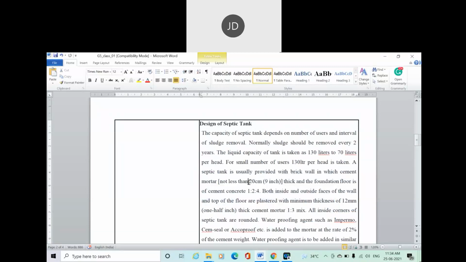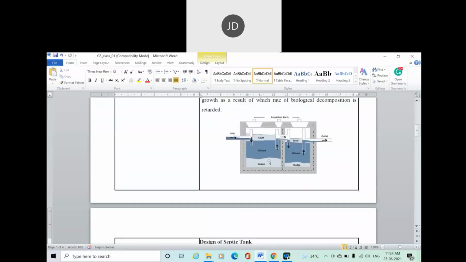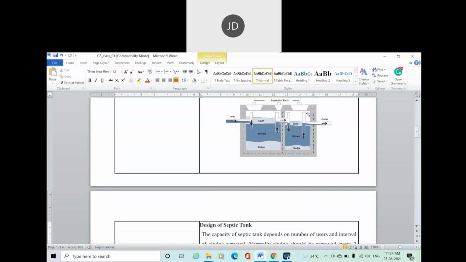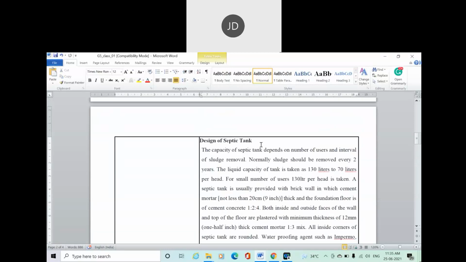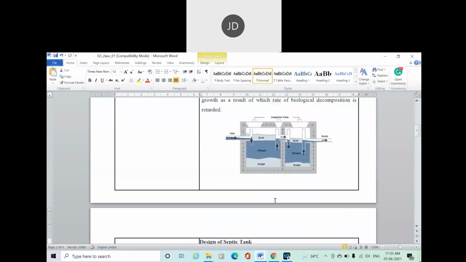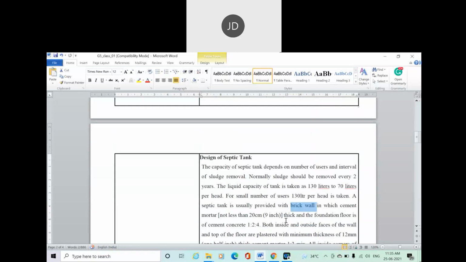If you remember the diagram of the septic tank, the structure is basically constructed with a brick wall. We need to construct this brick wall using cement mortar and plaster the brick wall also.